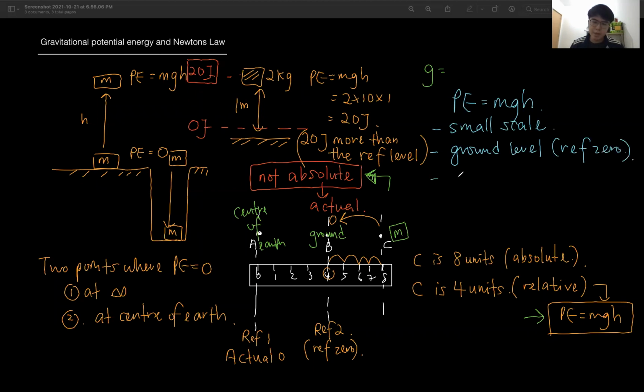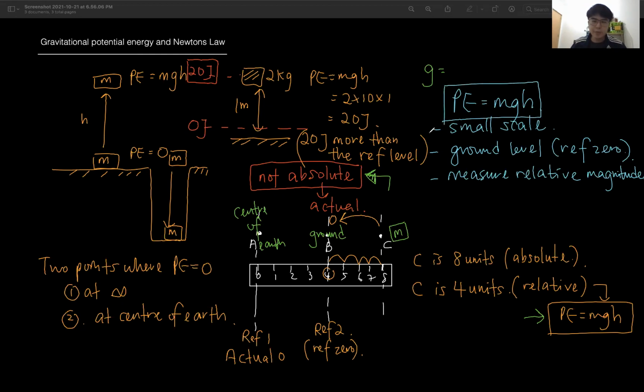And it is used to measure relative magnitude. And you only use this when it is small scale, like the first few hundred kilometers vertically up, where g is still constant. There's no significant effect on g, so we can use this one.